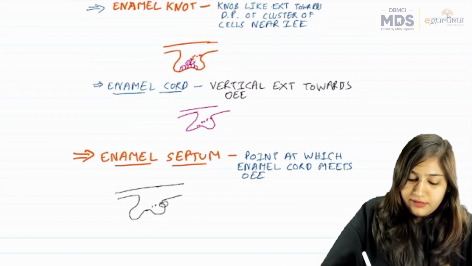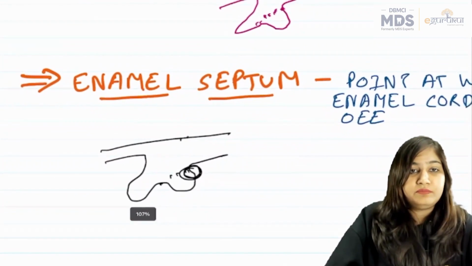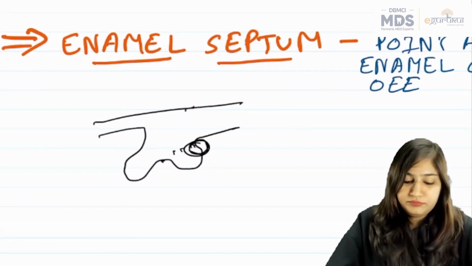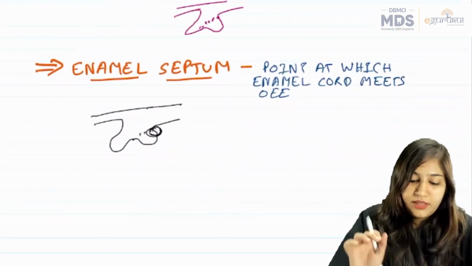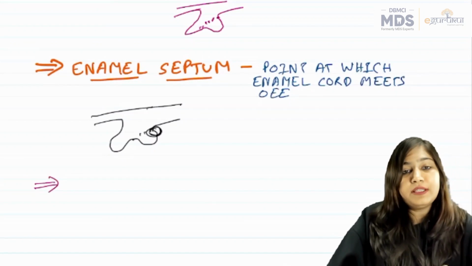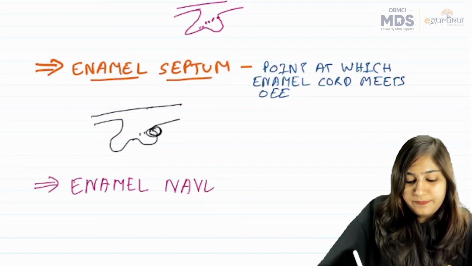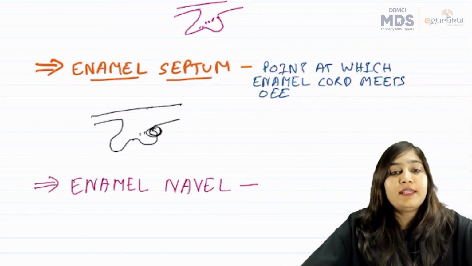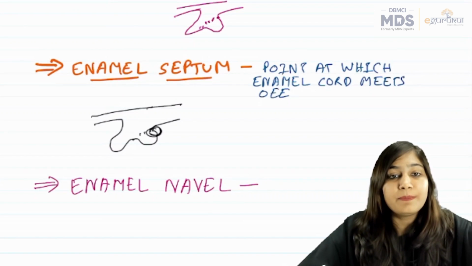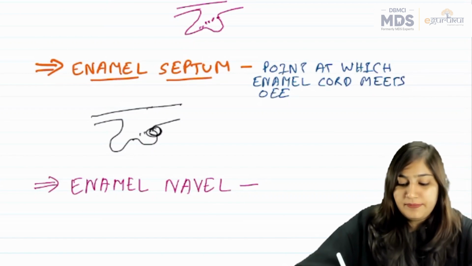Here, this point will be enamel septum. Last one is enamel navel. Enamel navel is a depression present at the junction of enamel cord and outer enamel epithelium.